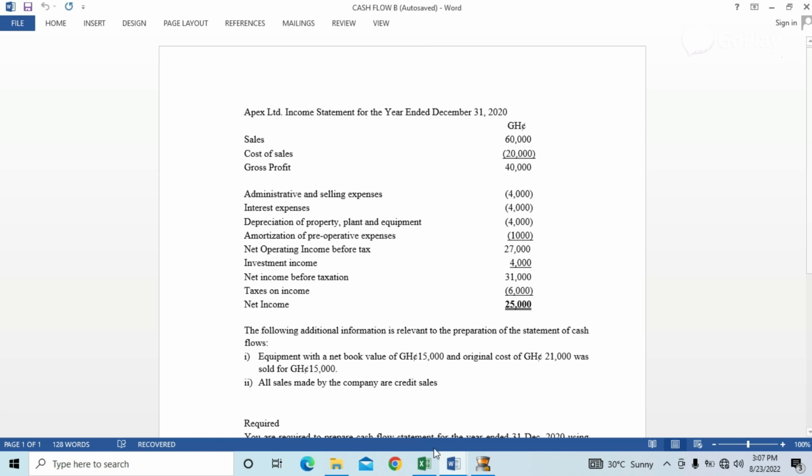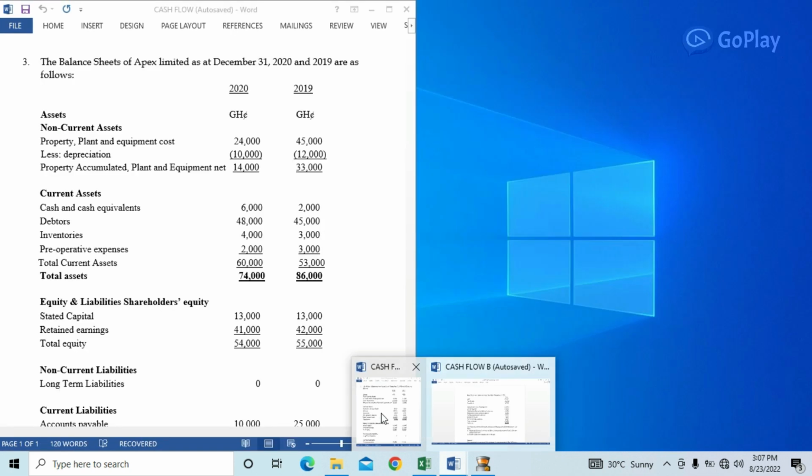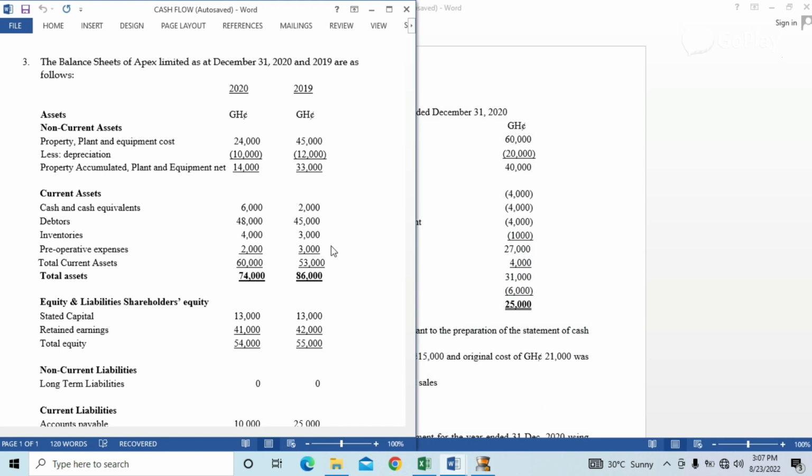So let's check something from the balance sheet. The equipment has original value of 21,000. So 21,000 minus the figure for 2019 will give us this closing figure, which is 24,000. So that's where the 24,000 was coming from.